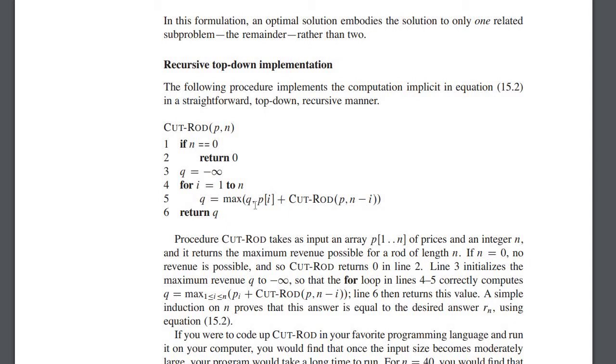So minus infinity versus 1, what will be the maximum value? The maximum value will be 1. So q receives 1 and returns q, because in the last calling function, when we send the value of n equal to 1, the loop terminates after one iteration, so it will not go more and more.